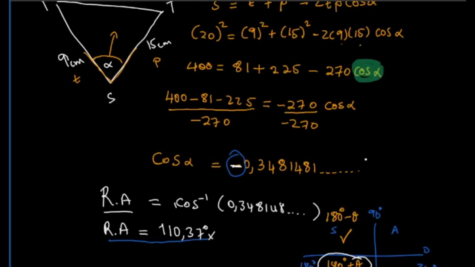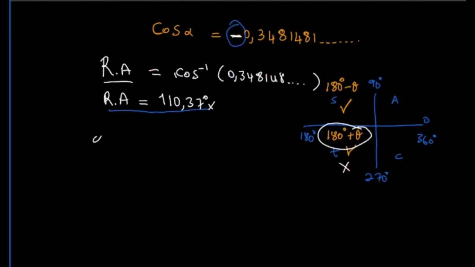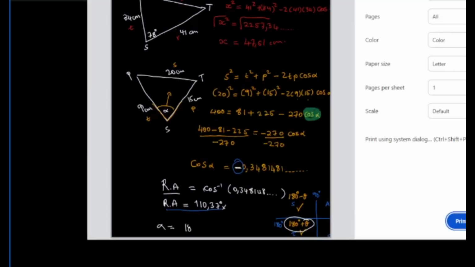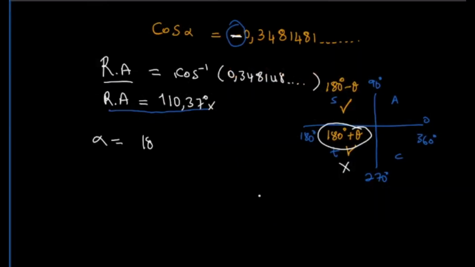So if I go back, I'm looking for alpha. Alpha will be 180 degrees minus the reference angle. So this is 180 minus 110.37 degrees.